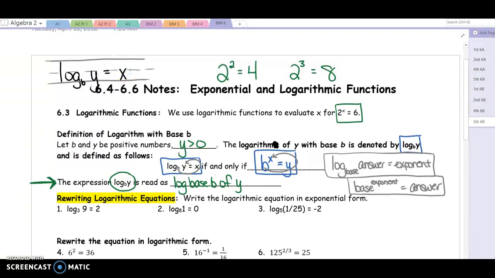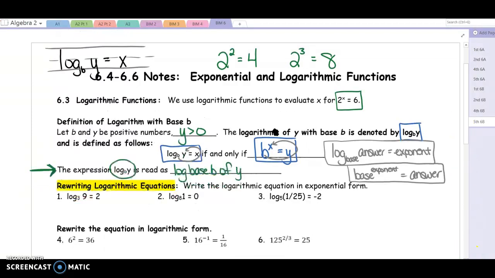So notice the log, the y, and the x are all in the same line, same size. The only thing that's different is that the b is smaller and slightly lower. That's called subscript. If you don't write your logarithms correctly, I will take points off because how you write those numbers, where you write those numbers is very important.